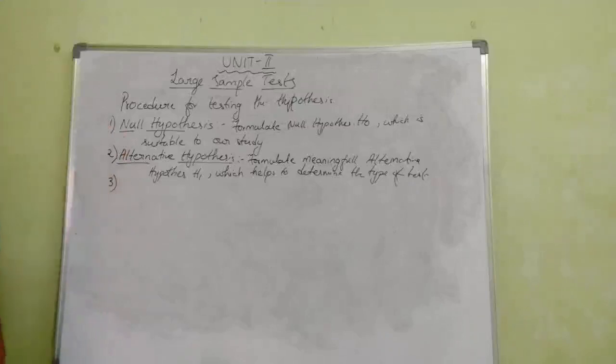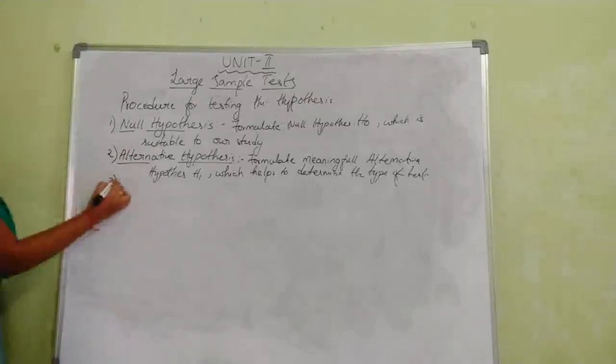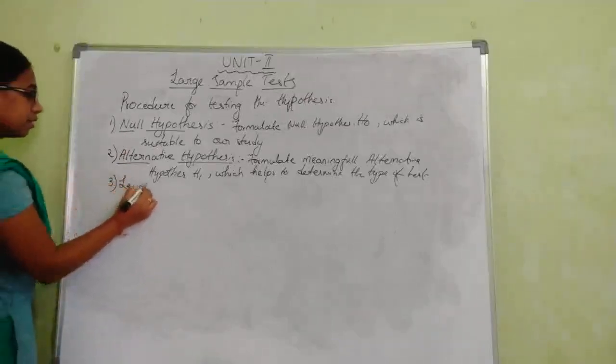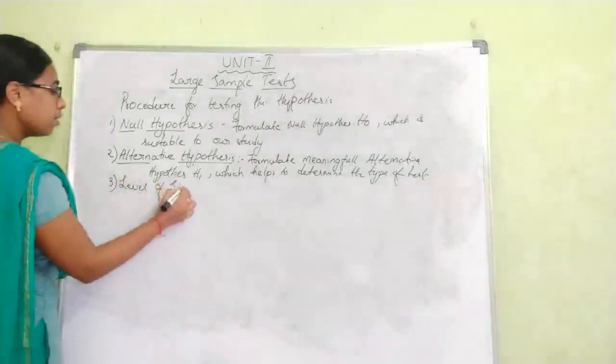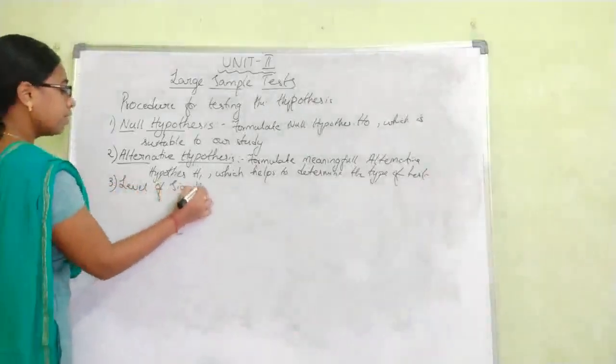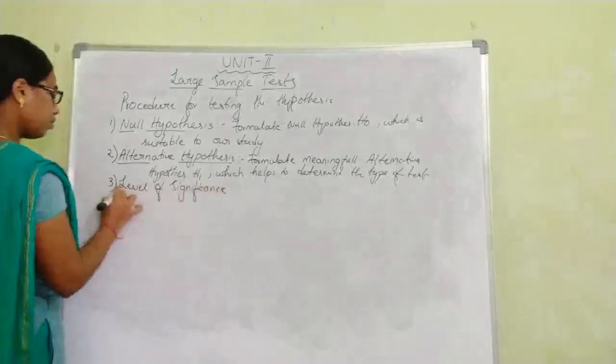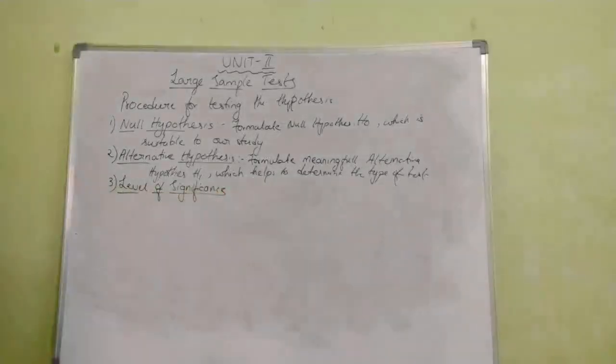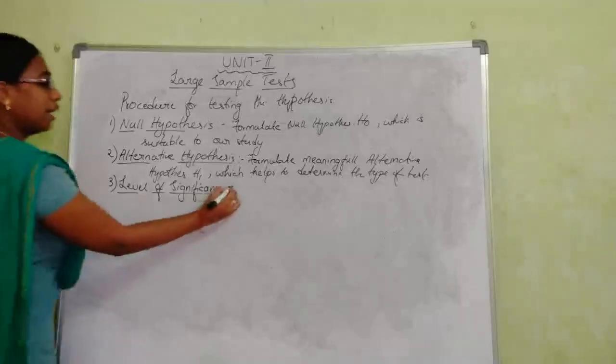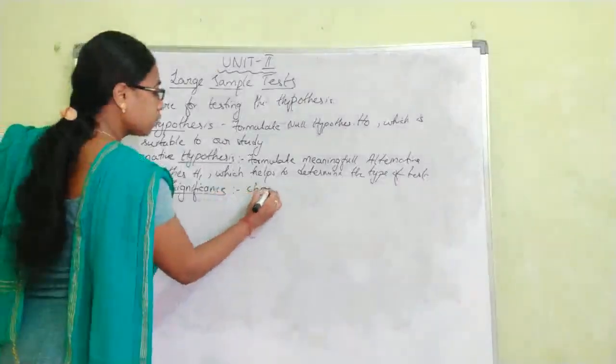Next, the third step is level of significance. So what is the level of significance? Level of significance means it is the amount of risk we are going to take. So we need to choose the appropriate level of significance.